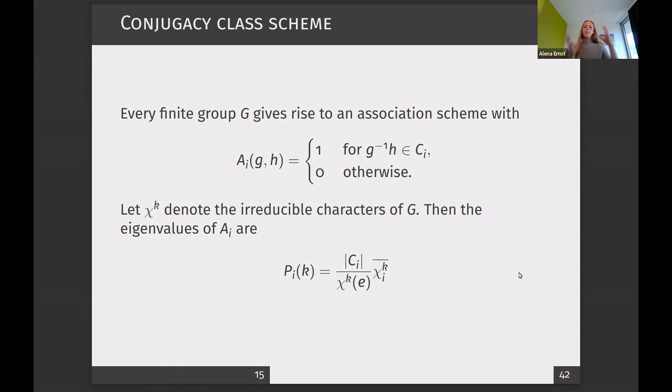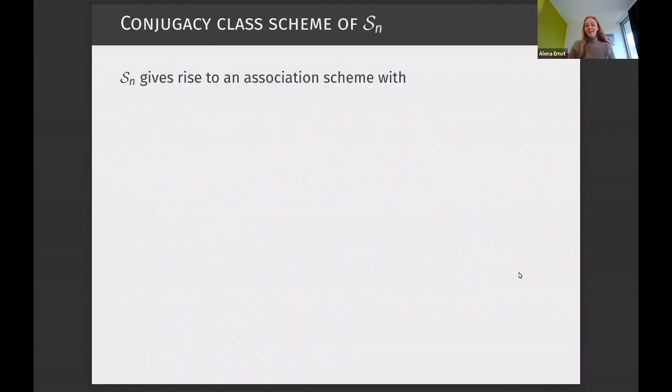Okay, so coming back to our symmetric group, we will indeed take G to be equal to the symmetric group. Then its adjacency matrices are given by the following, where now you see that I didn't put an integer here anymore, but a sigma, which is a partition, so a number partition of n.